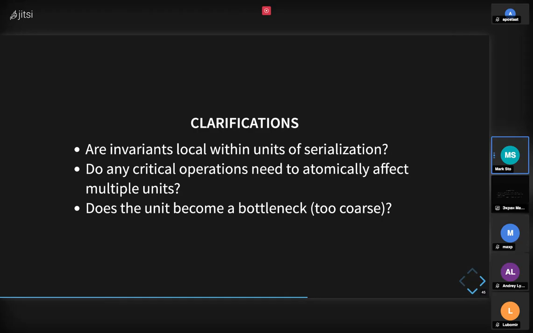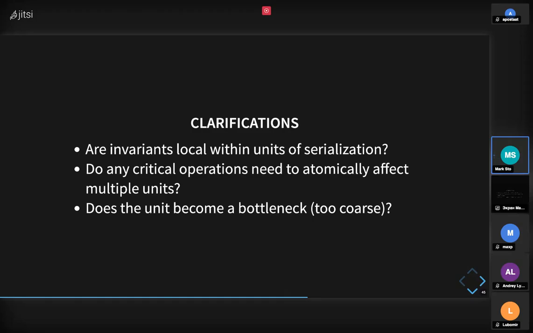Clarifying questions are like: can you choose units of serialization so that all invariants that require AC are local within these units? Does the architecture guarantee that concurrent calls of critical operations that belong to the same unit of serialization will not execute simultaneously? Are there critical operations that by meaning must atomically affect two or more different units of serialization?